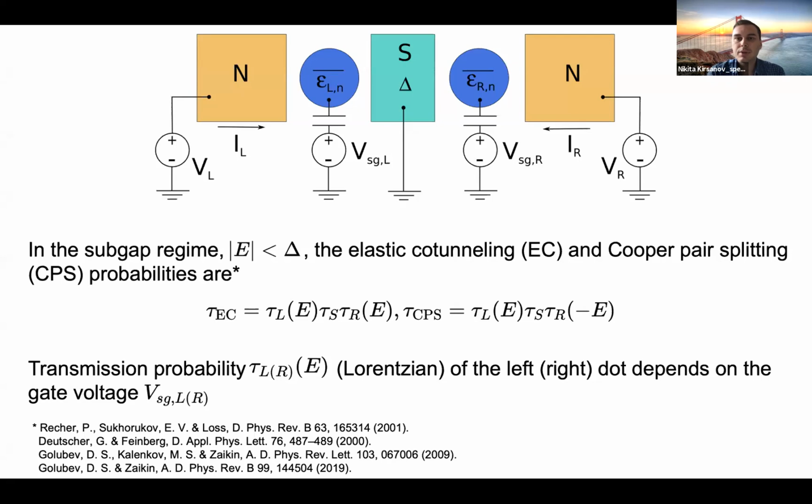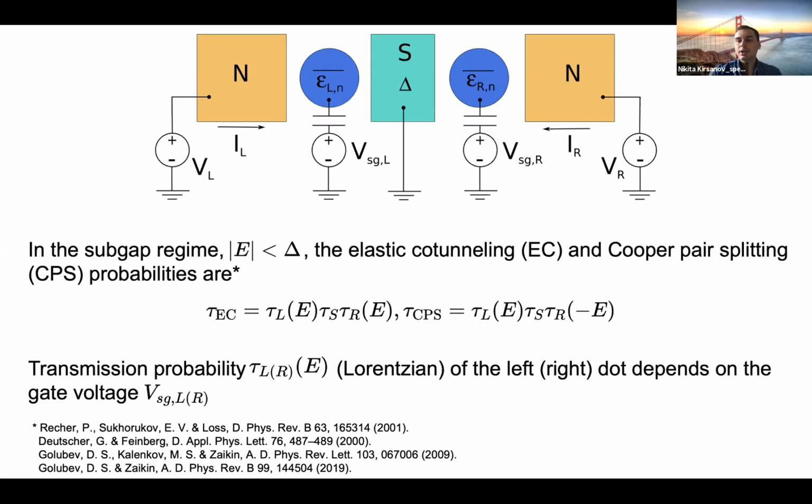This is interesting because, firstly, this type of thermoelectricity has a very interesting mechanism which was not studied before. And secondly, it can be used as a tool for generating entangled electrons from a temperature difference.